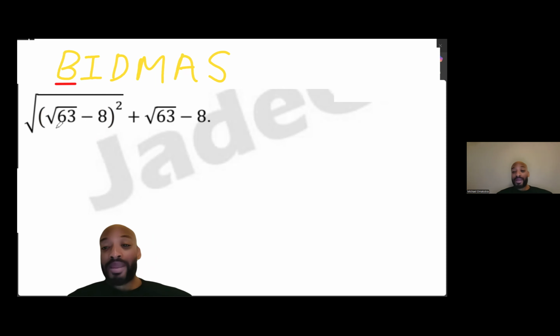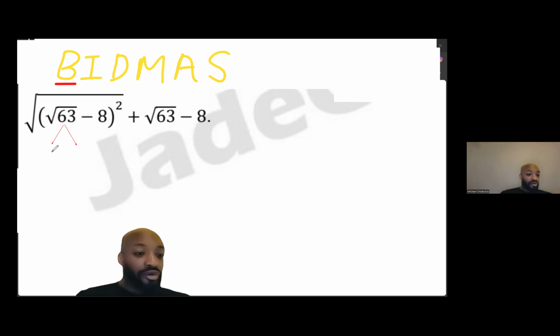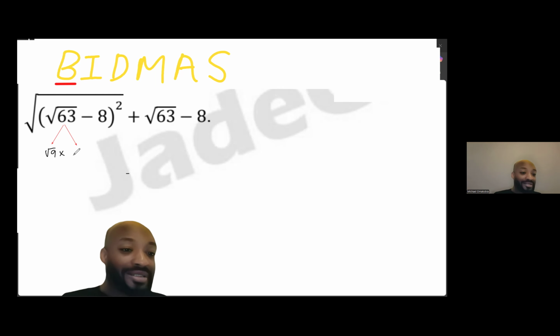And in the bracket, we have root 63 minus root 8. If we remember from our days of doing surds, we know that we can simplify root 63. We can break down root 63 to the square root of 9 times the square root of 7.